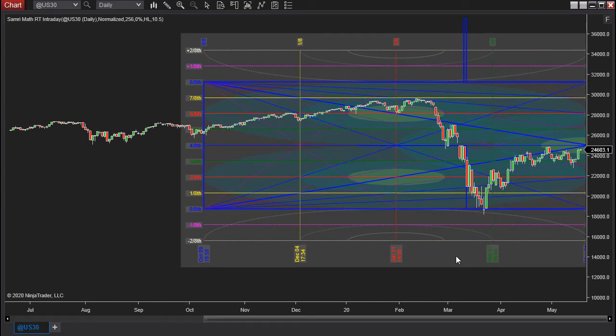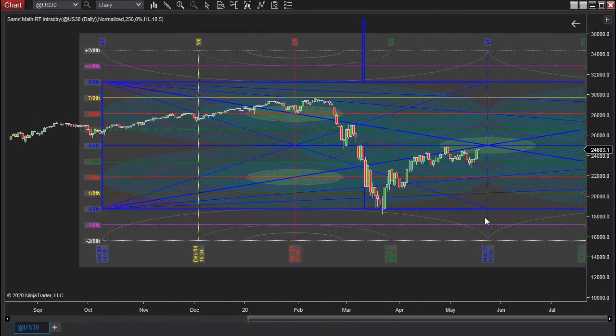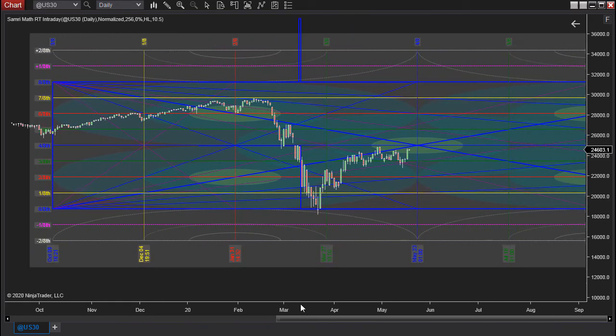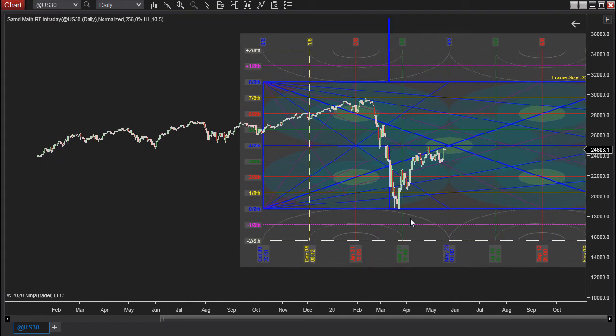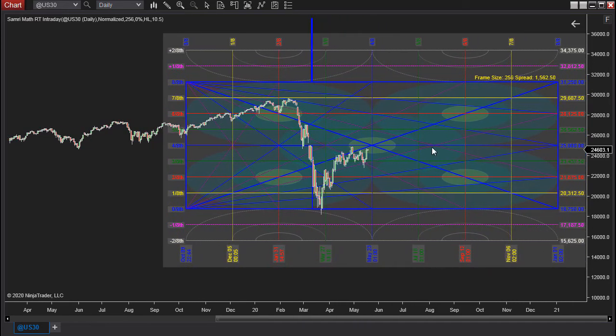And then we are still in the 256 square size, and now the range matches, because this is the 0/8 and this is the 8/8 at the present time. We're halfway through the grid, halfway through the square.